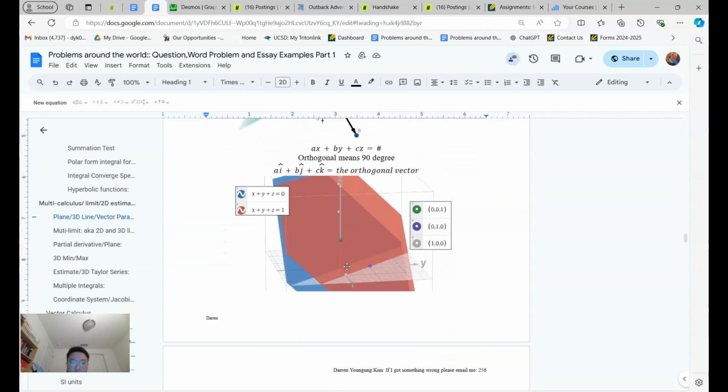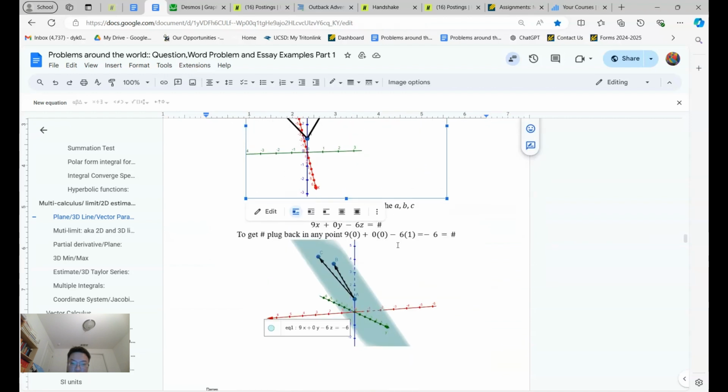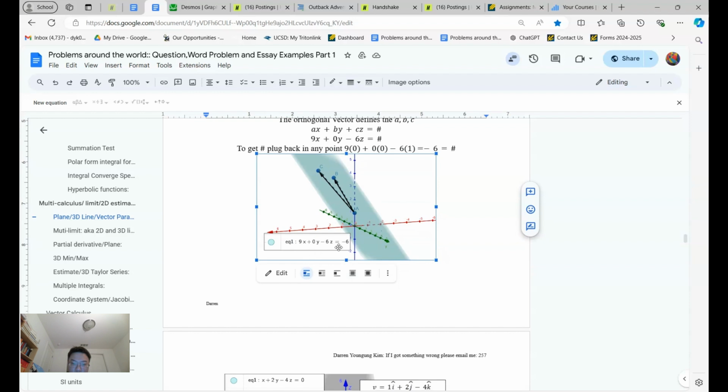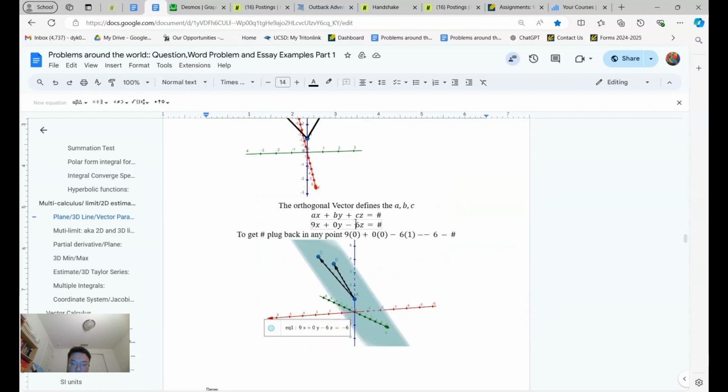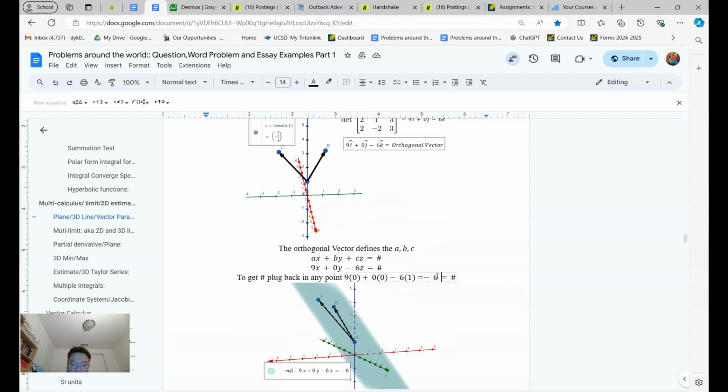Anyway, we start by showing that with a determinant, and we can figure out the orthogonal vector, which gets you the equation over here when you plug in a, b, c, and then plug in the one point over here to get -6, the last portion, and plug back.